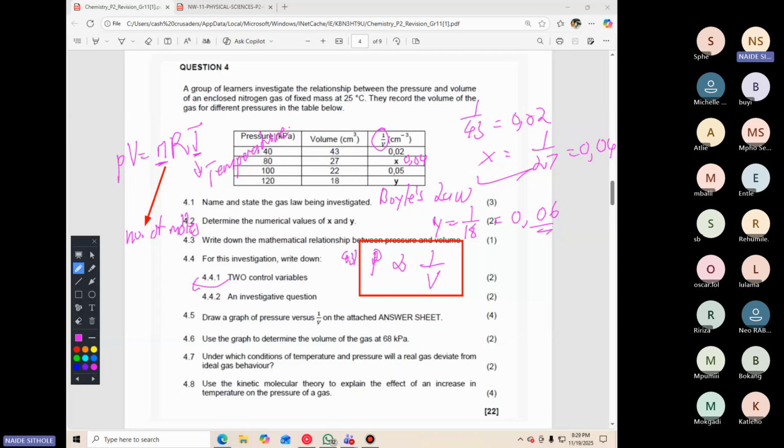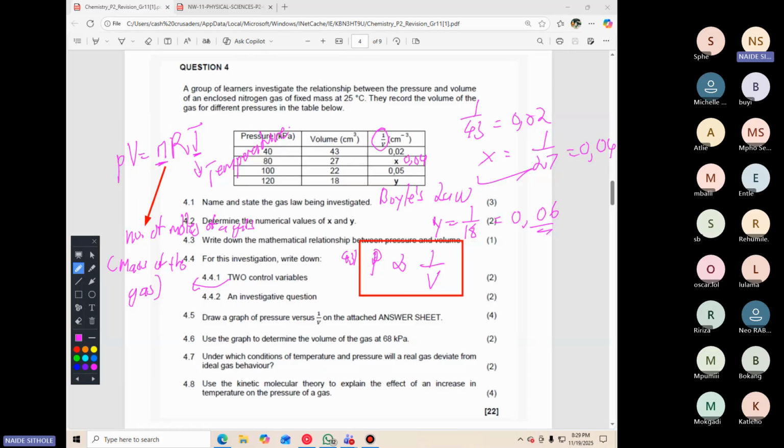So your number of moles and temperature are always the 2 control variables. Or if you don't want to write number of moles of a gas, they can even accept mass of the gas. They can accept that one, because remember, even the n here can change to mass over the molar mass.